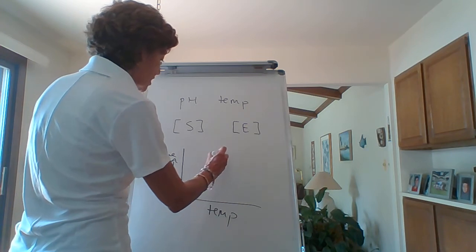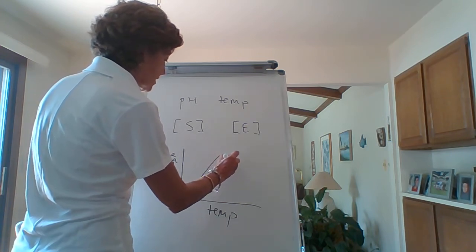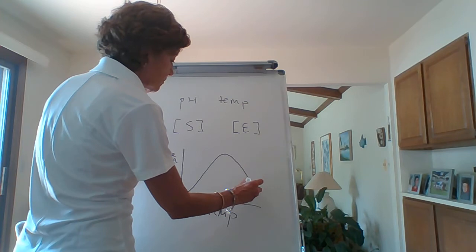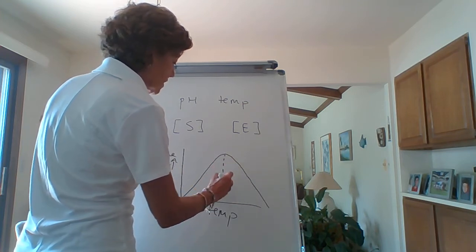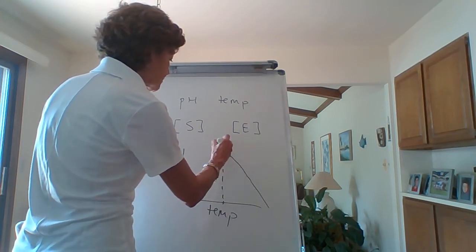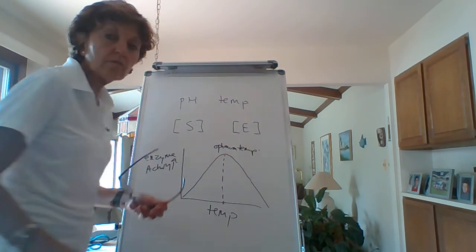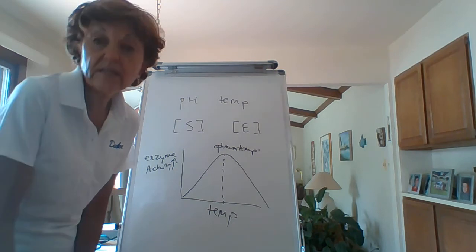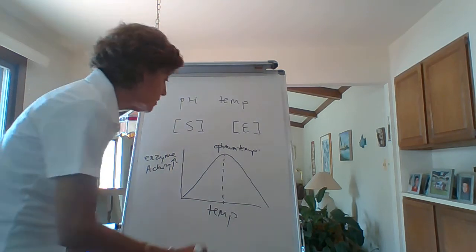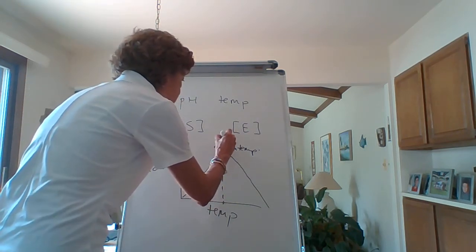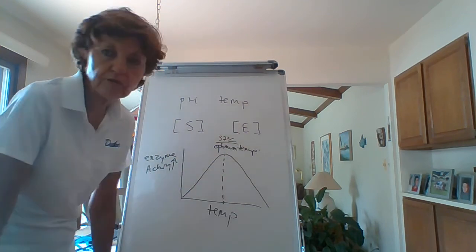You get a nice optimum temperature, and then as you're increasing the temperature, it's going to go down again. So this would be the optimum temperature. And for enzymes that work in humans, usually the optimum temperature is going to be 37 degrees Celsius.